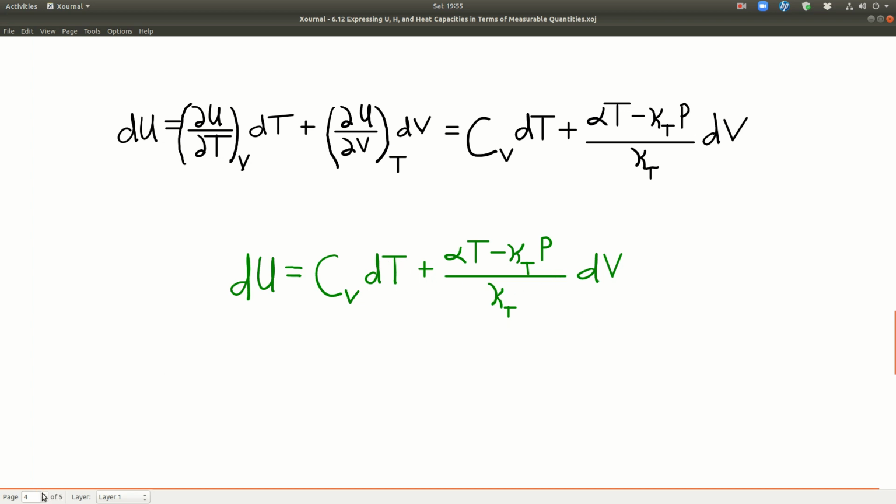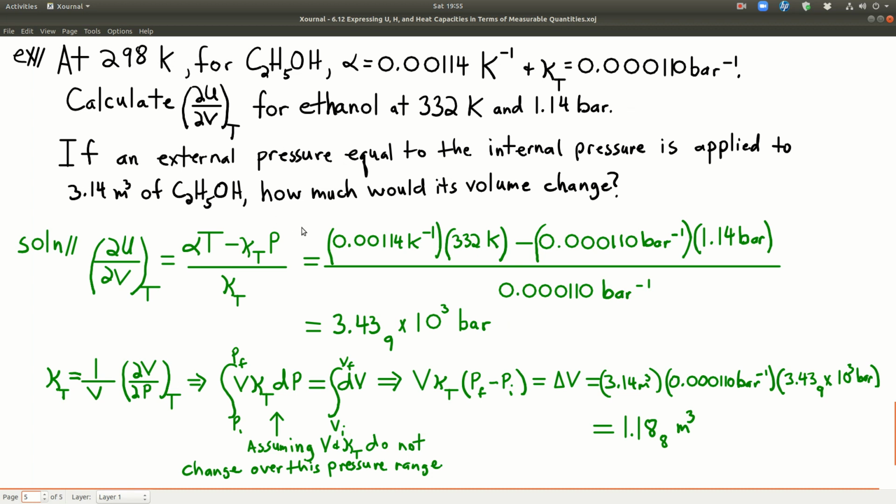So let's do a little example. Given the isobaric volumetric thermal expansion coefficient and the isothermal compressibility for ethanol at 298 K, these numbers right here, we want to calculate the internal pressure at 332 Kelvin and 1.14 bar.